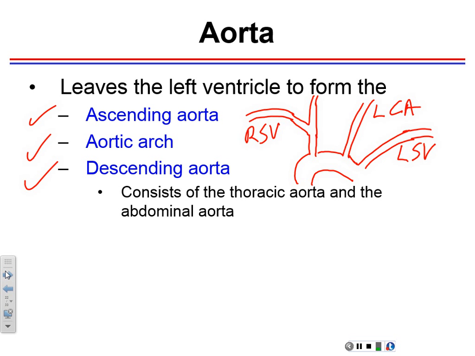Here you have the right subclavian and the right common carotid artery. And this is the brachiocephalic, and you'll be able to see it in some parts if it's not cut. So this will be the brachiocephalic artery.